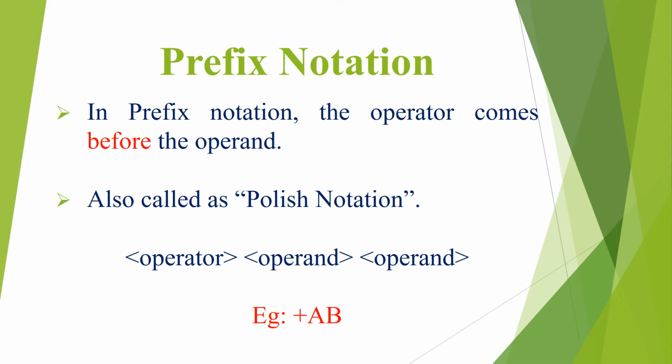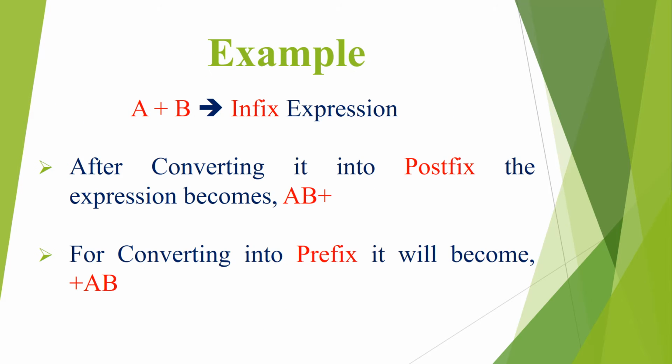In prefix notation, first there will be an operator, then we write the operands. Example: plus a b, where the operator plus is before the operands a and b. It is also known as Polish notation. Here is one simple example showing how to convert an infix expression to postfix and prefix expression.